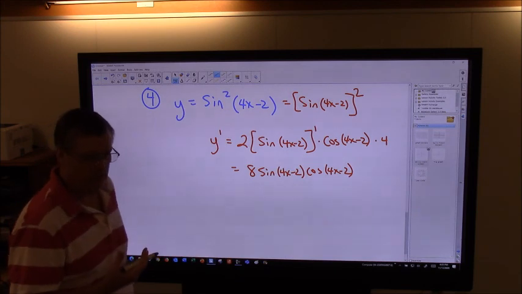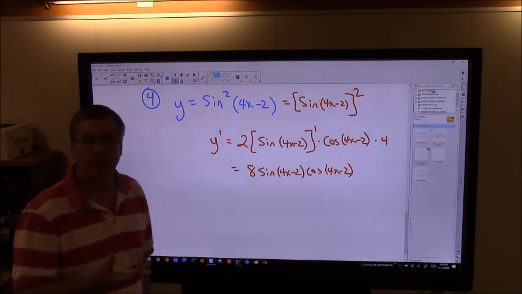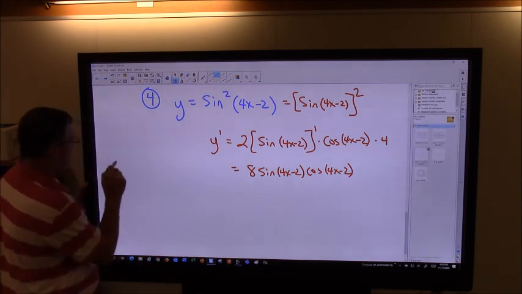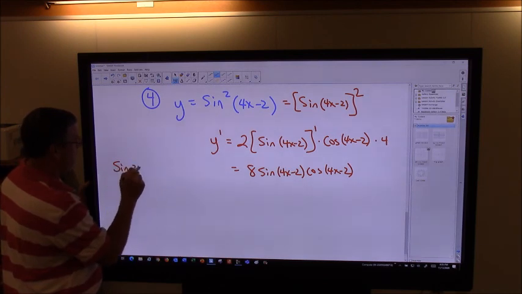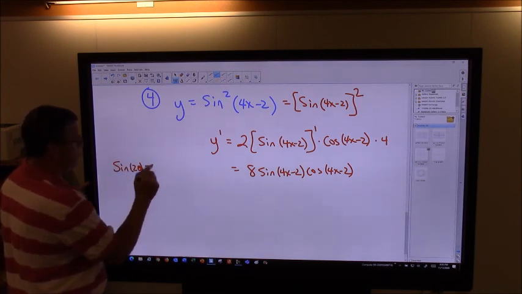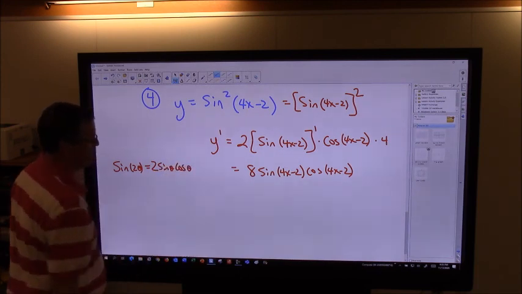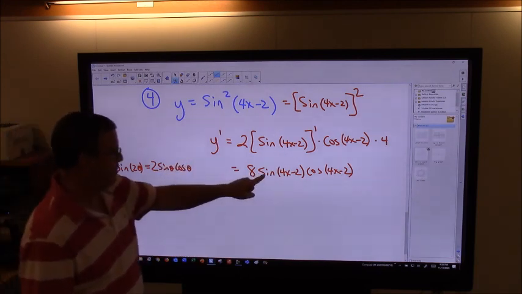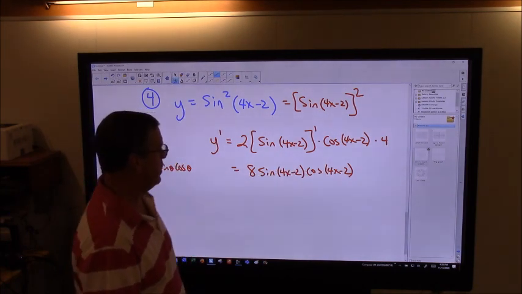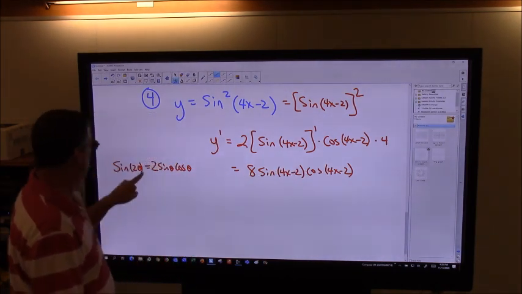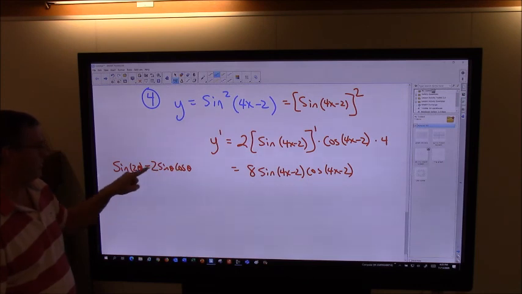So we had something last year called the double angle formula. You guys remember that? The sine of 2 theta was equal to 2 sine theta cosine theta. Whenever I see a sine of an angle and a cosine of the same angle, especially if there's an even number there, that makes me think of this.